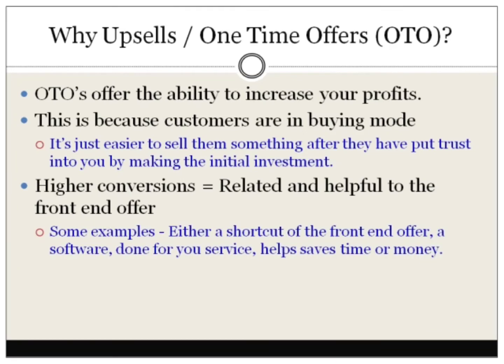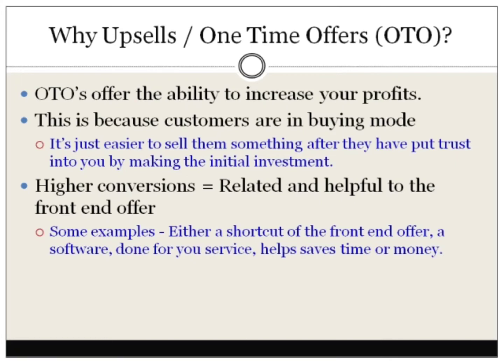So some examples of a one-time offer: let's say you have a front-end offer that describes some sort of strategy or system or process. Then for your one-time offer, you could offer a shortcut of the front-end offer. Let's say the front-end offer system would take you normally 5 hours to implement, but you're offering a one-time offer for a piece of software or maybe some shortcuts, secrets that your customers can use to speed the process from 5 hours to, let's say, 15 minutes.